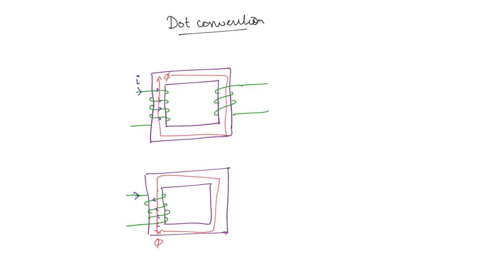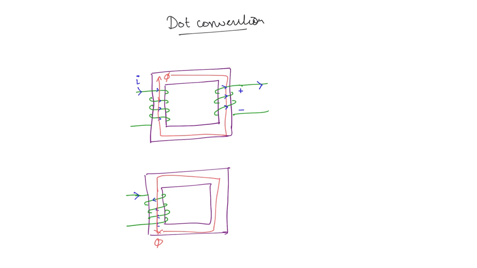For that, current should be induced in this direction. So the voltage polarity will be positive here and negative here. Now this winding will act as a source and drive the current in this direction from its positive terminal. So this is done.